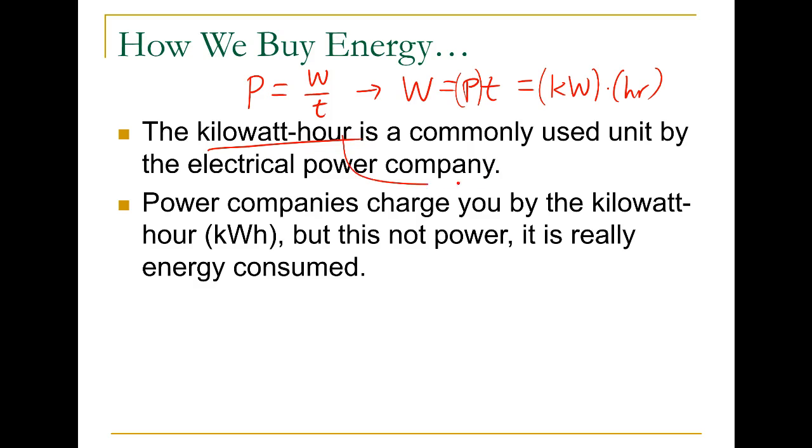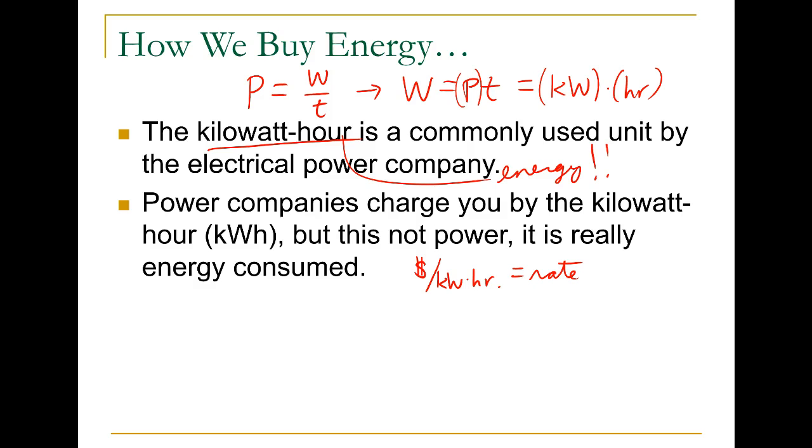So a kilowatt hour is actually a unit of energy. Okay, and they'll usually charge you a certain amount per kilowatt hour. So that's really the rate that we typically see.